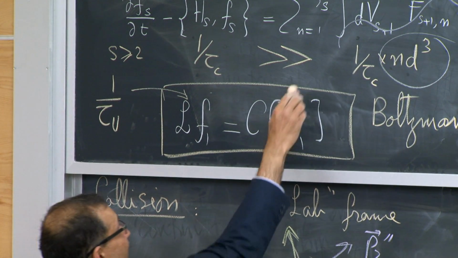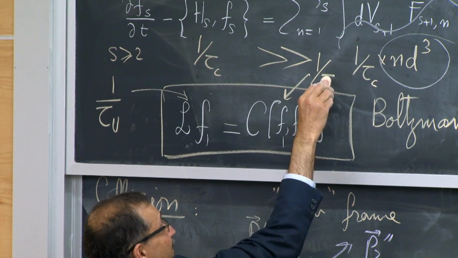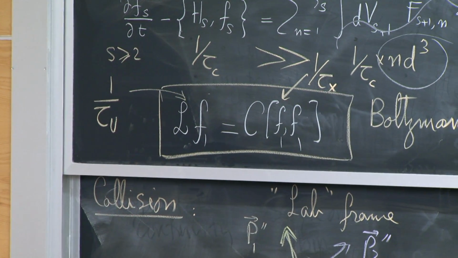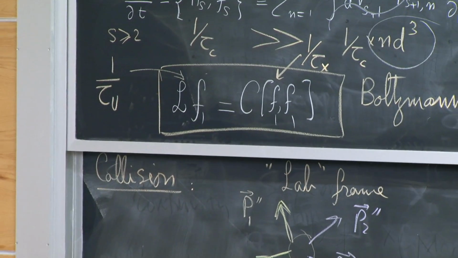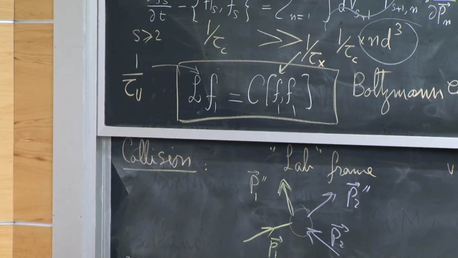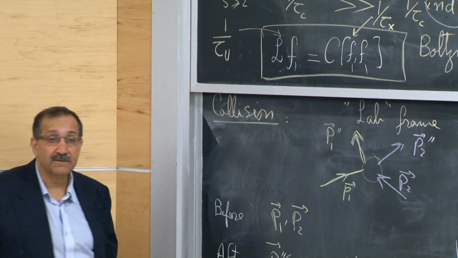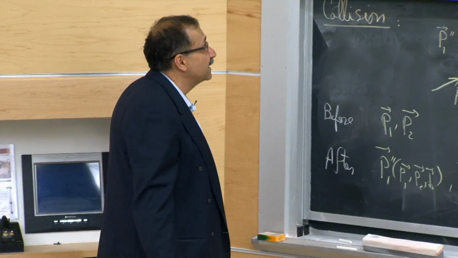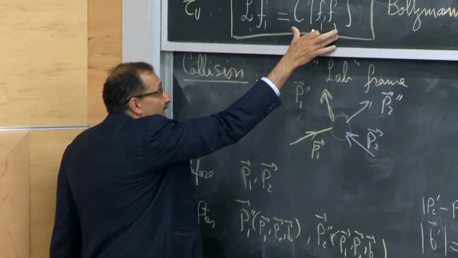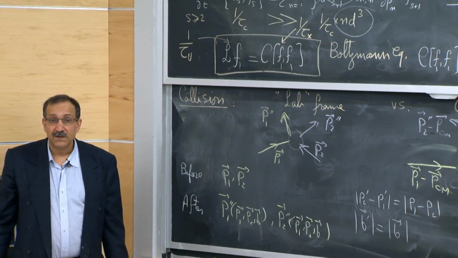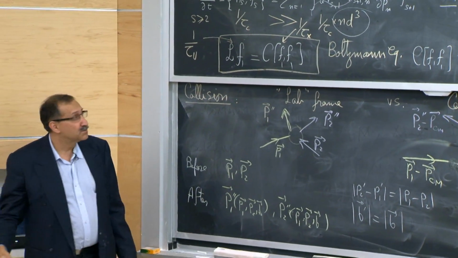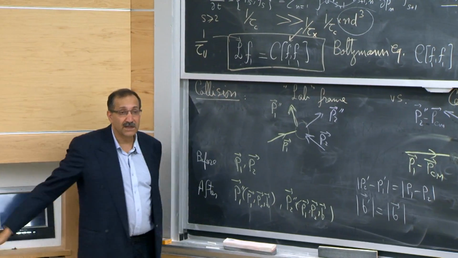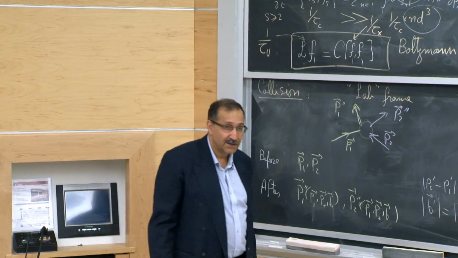On the right-hand side, it has the time that I have to wait for a collision to occur, which is certainly much shorter than this time for an ordinary gas. And so we expect, therefore, that the right-hand side of this equation would determine things much more rapidly compared to the left-hand side of the equation.